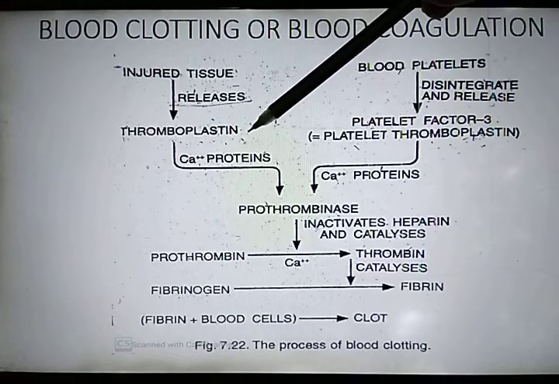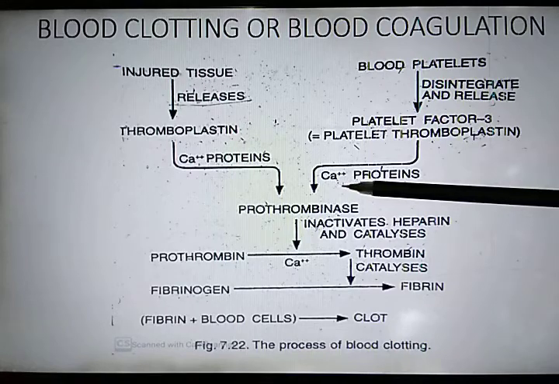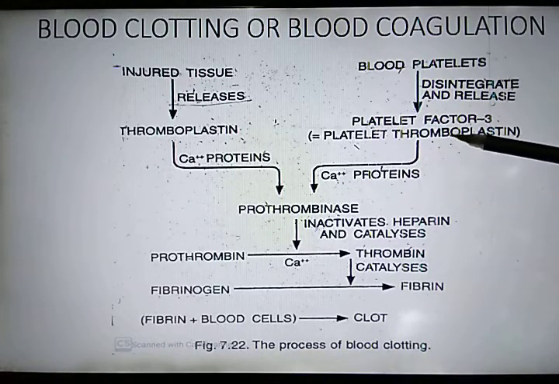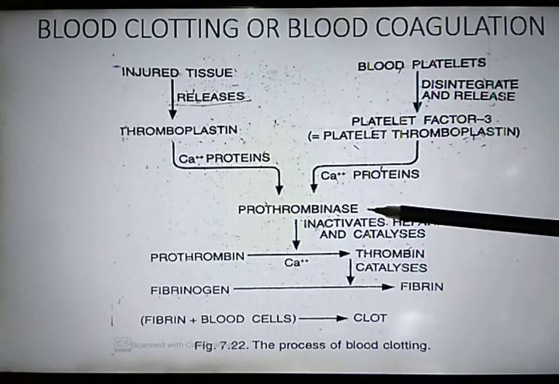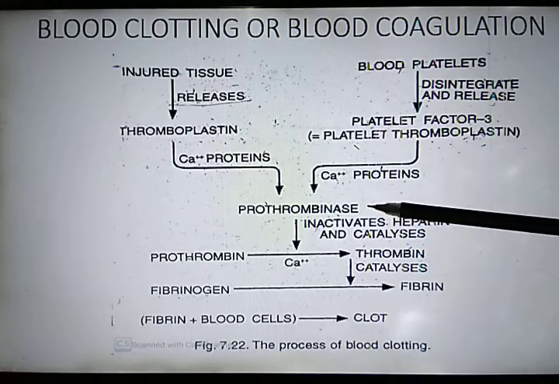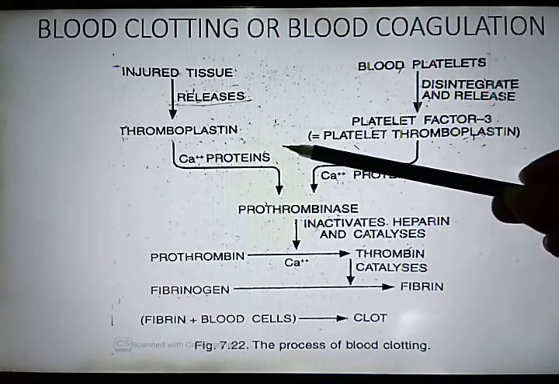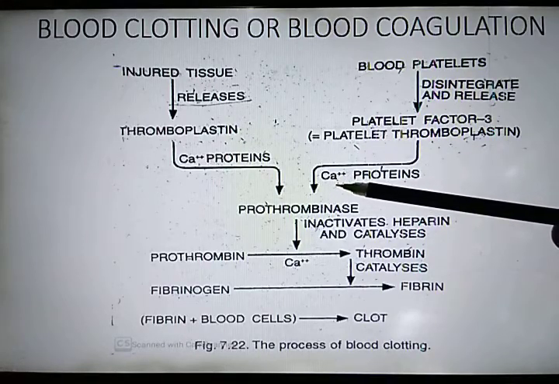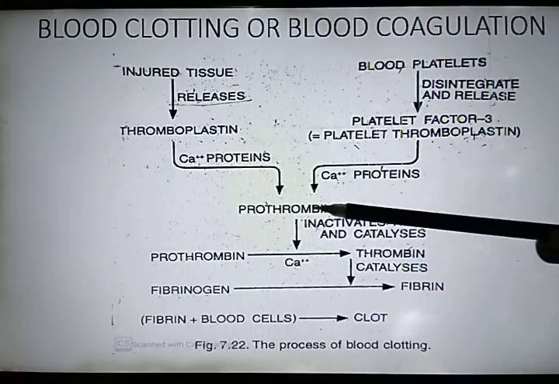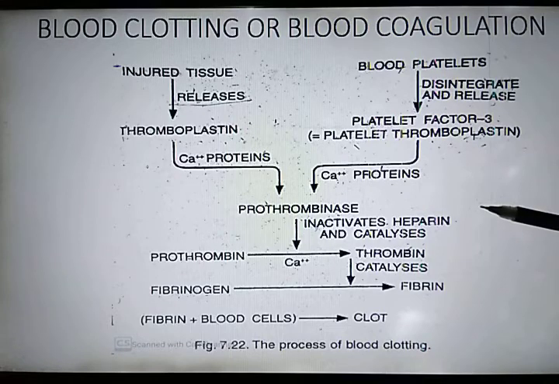Now, the tissue thromboplastin and platelet thromboplastin, in the presence of calcium ion and proteins, combine to form an enzyme known as prothrombinase. In your NCERT, it is known as thrombokinase. So this was step 1.